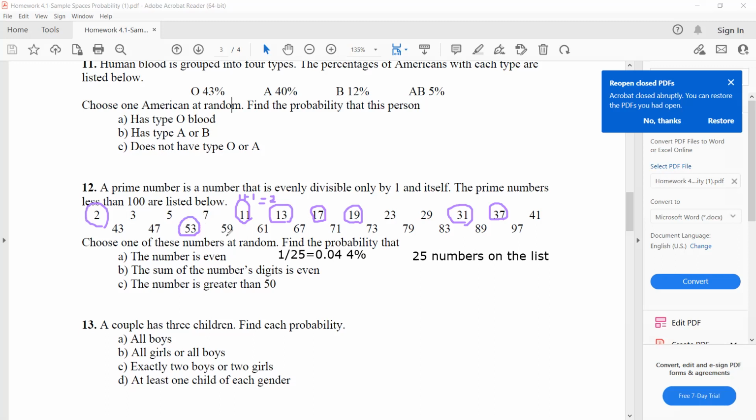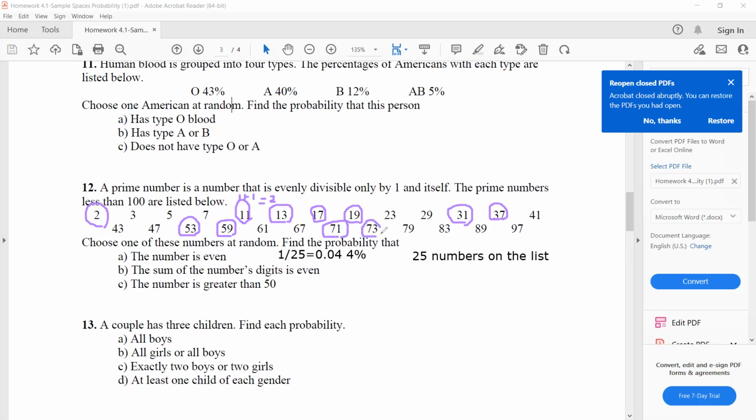How about 5 plus 9? 14 is even. We count it. How about 61? 6 plus 7? That equals 13. 7 plus 1, we count, right? Yep. 7 plus 3, we count.